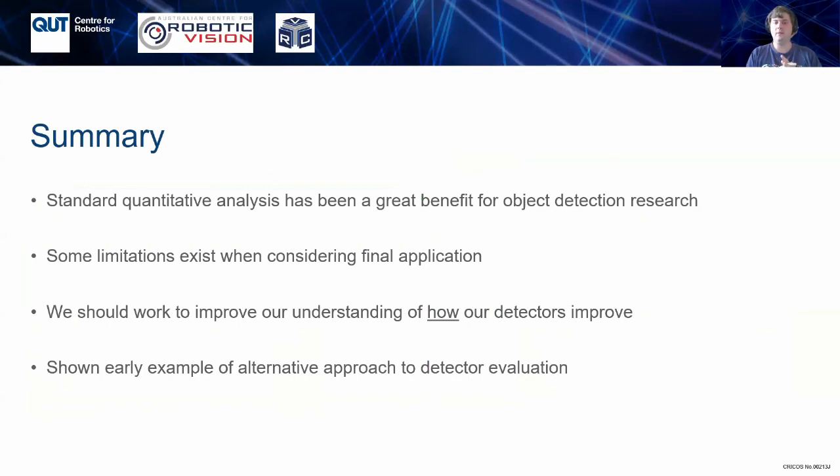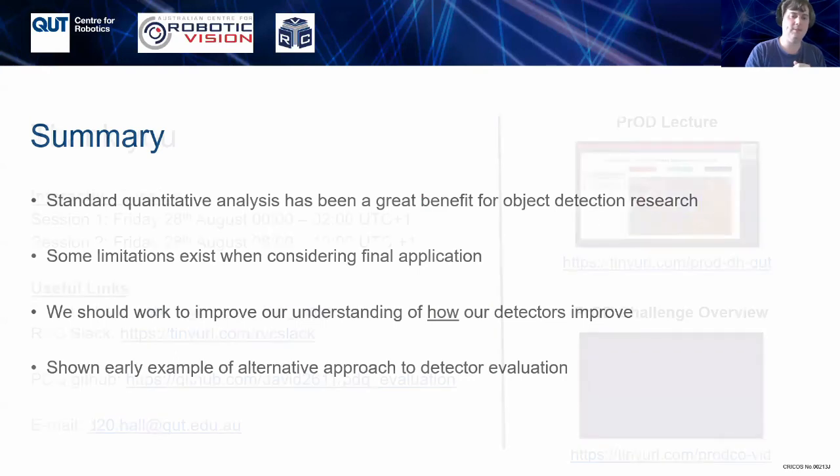It has given us great progress and the ability to easily compare methods, but there are still some limitations that exist, particularly when we consider the final application of such systems. I feel like we should work towards improving our understanding of how our detectors are improving over time, as opposed to just saying they are and being able to see that one bold mAP number steadily increase. And I have tried to show some early examples of alternative approaches to detector evaluation that hopefully can help guide us as we move forward in this research field.